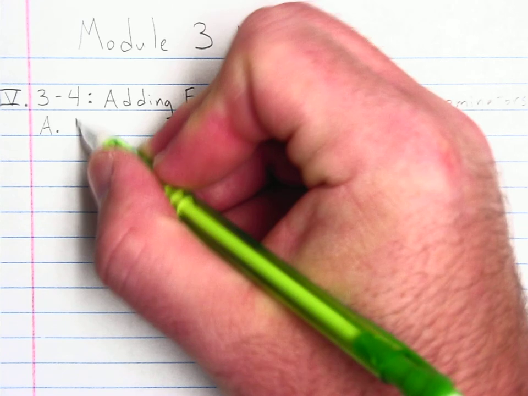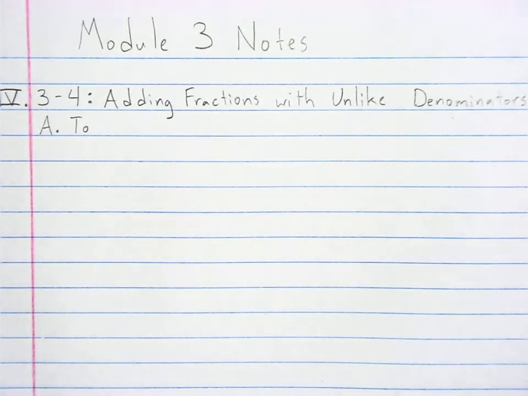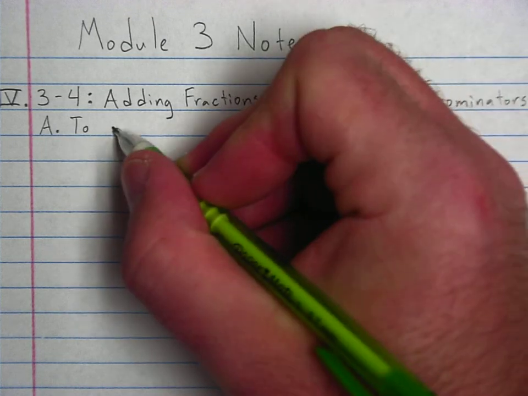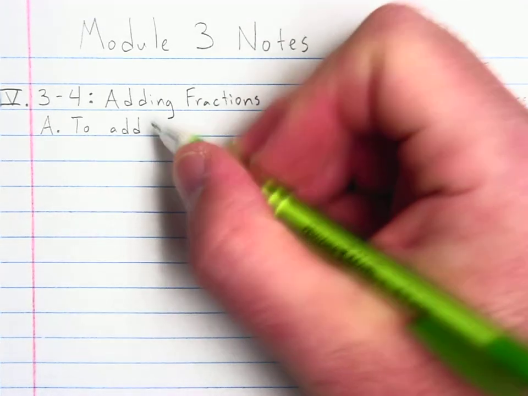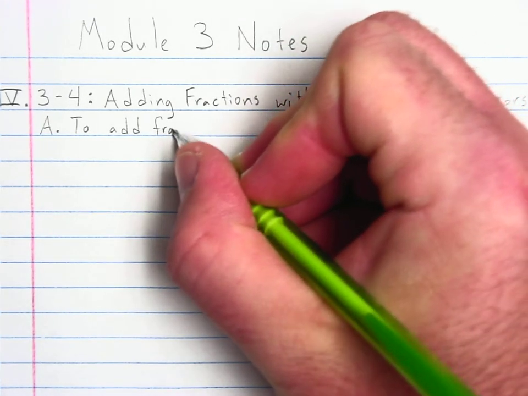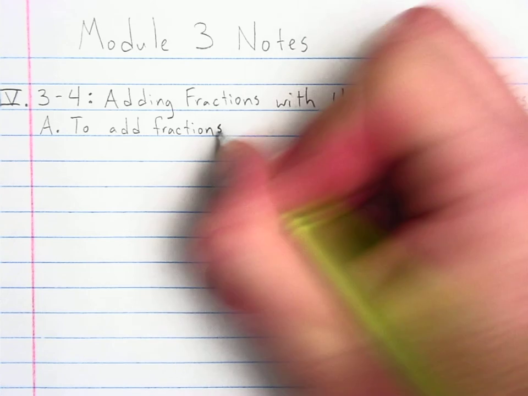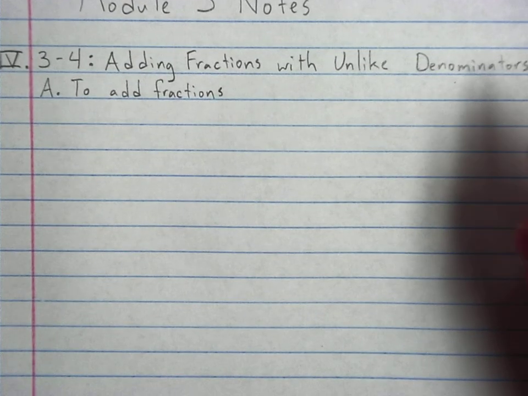Now, again, no vocabulary. We're going to kind of just jump straight into it. To add fractions. This is a key concept that I think most of you have by this point, but just to make super sure.